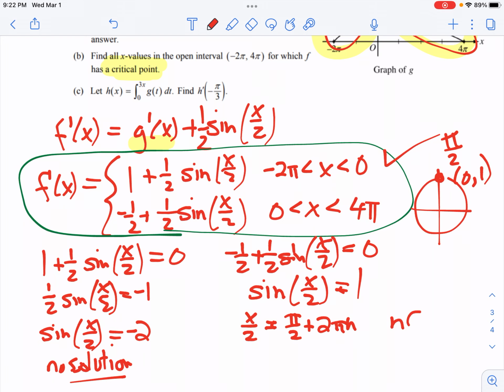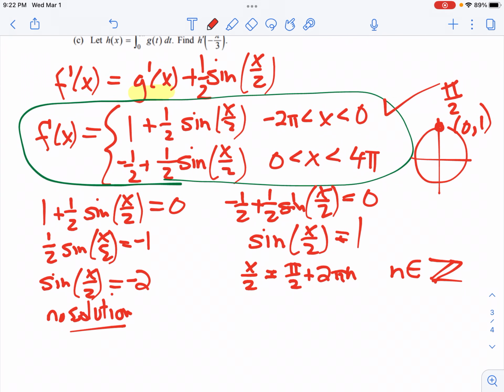We should say n is an element of the integers. And then I want to get x by itself. I'm going to multiply by 2 on both sides. x equals pi plus 4 pi n. So my principal, or my first answer there, is pi.